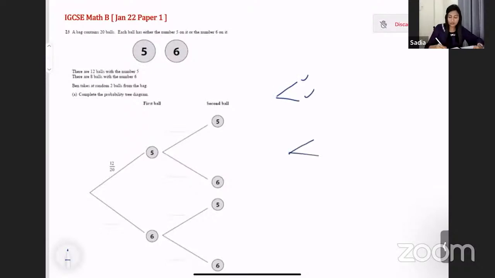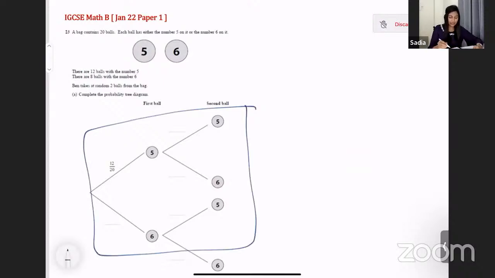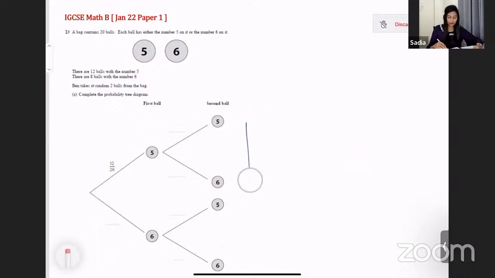If you have 3 options, you need to draw 3 different branches. And for each location, the total probability should be 1. So all the probabilities of these branches add up to 1. Then again, if you add all the probabilities of the entire tree diagram, this will also total 1.